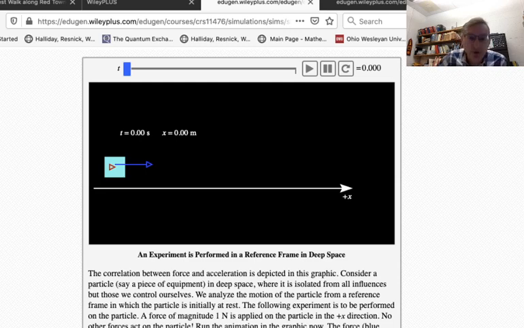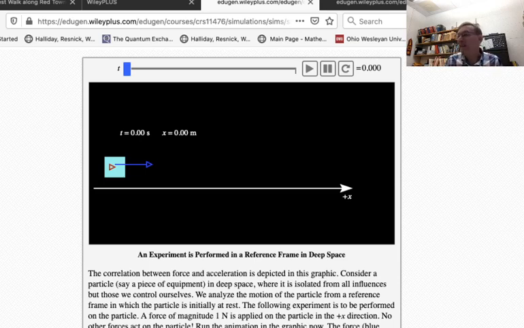What we're going to show you is an experiment that's going to be performed in a reference frame way out in deep space. Remember what a reference frame is from the last section of chapter 4? It's any set of axes, x, y, and z, and a time measurement device for making position measurements.